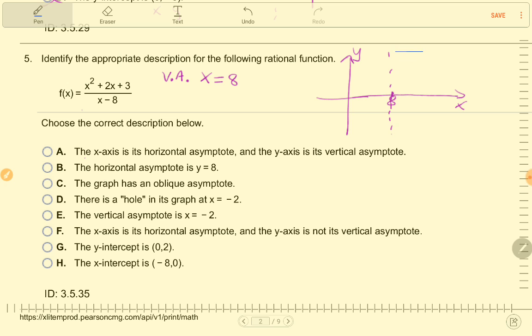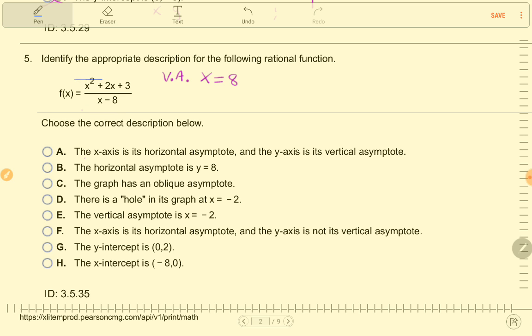Right? So we might have something that veers off, something like that, or possibly something like this, or it can be other things, and that's what we're exploring here, is what else could be happening.